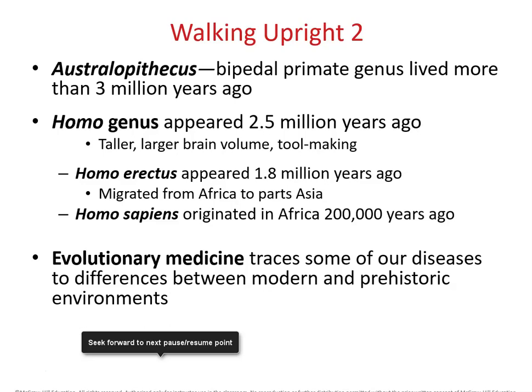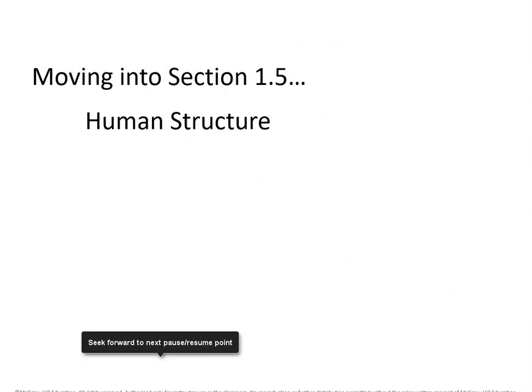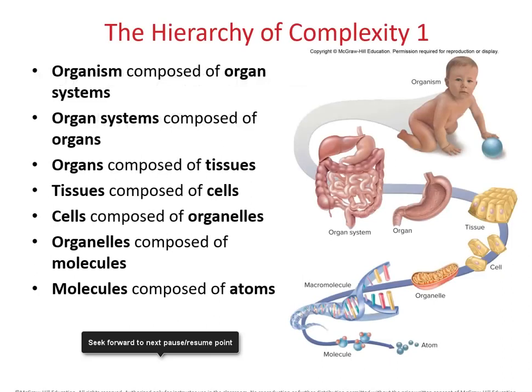So that is going to conclude our discussion of human evolution. Now we're moving on to section 1.5 and human structure. So we have a written description and a graphical description here.